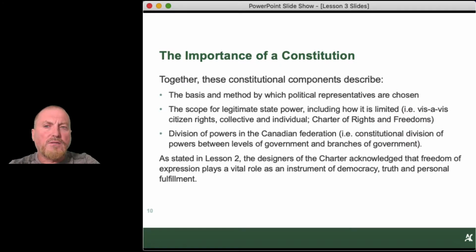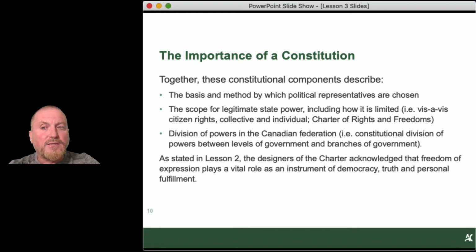So together, these constitutional components describe the basis and method by which political representatives are chosen, the scope for legitimate state power, including how it is limited, vis-a-vis citizen rights, collective and individual rights, and of course the Charter of Rights and Freedoms being paramount here, and the division of powers in the Canadian Federation between different levels of government, as I just described.